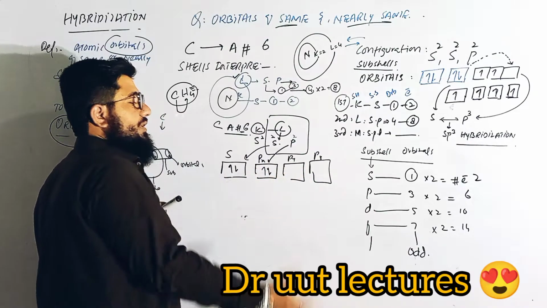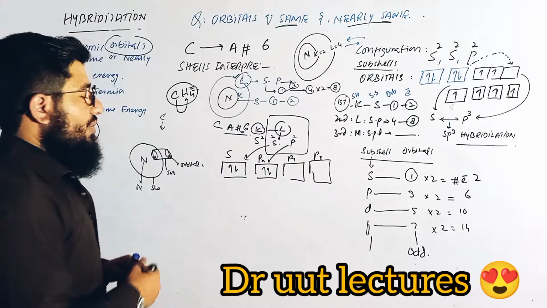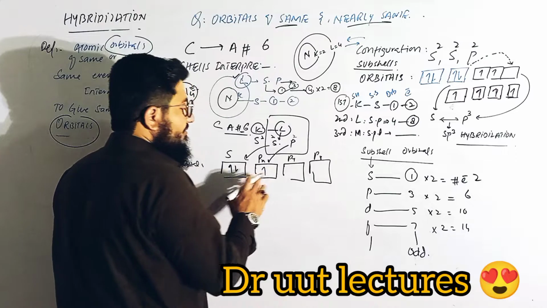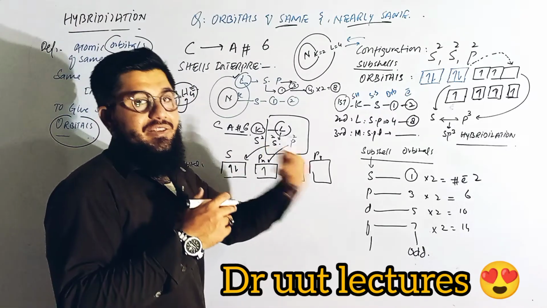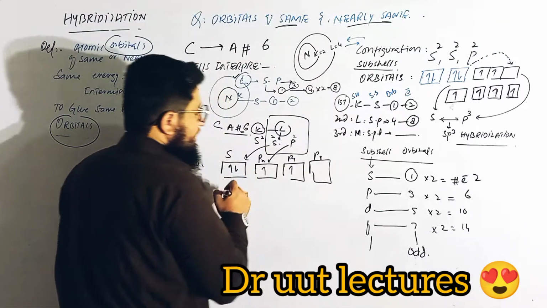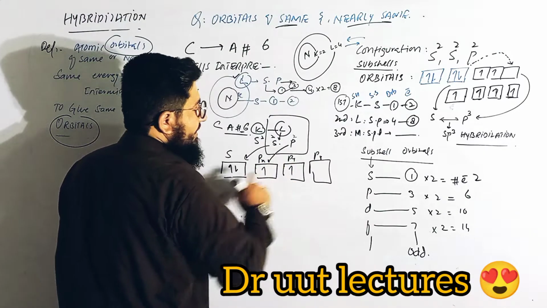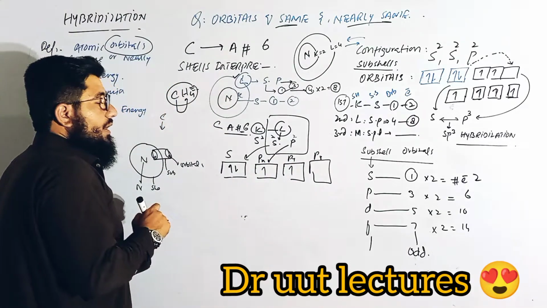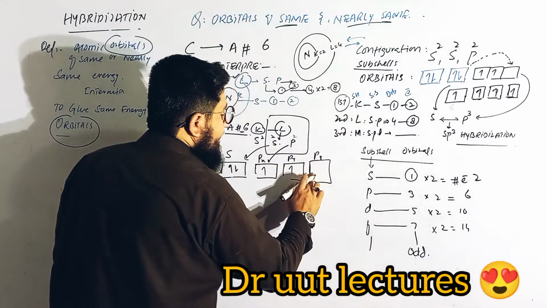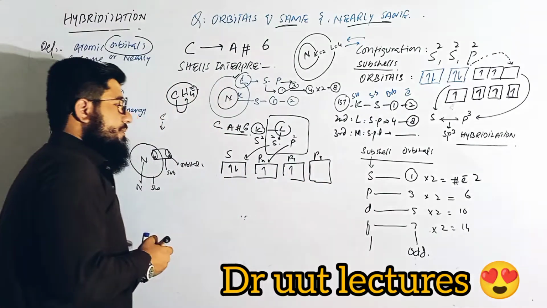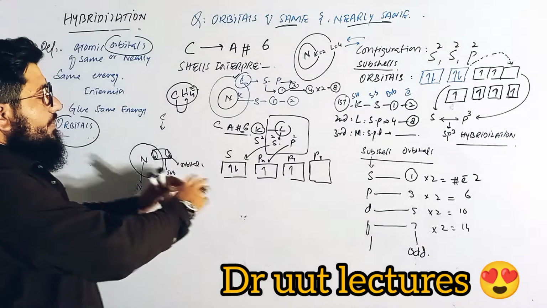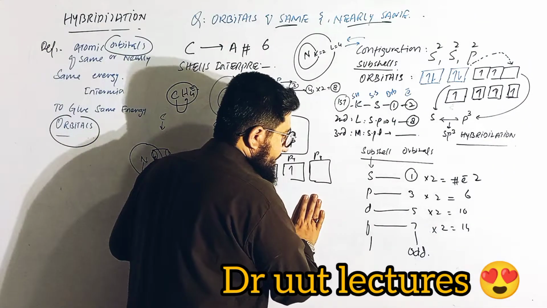In the px we can place 2, but according to Hund's rule, we will first fill the remaining energy orbitals like this. So we are supposed to move this electron from px to py. So what will happen now? Pz will be empty of electrons. Now this carbon is in the ground state.